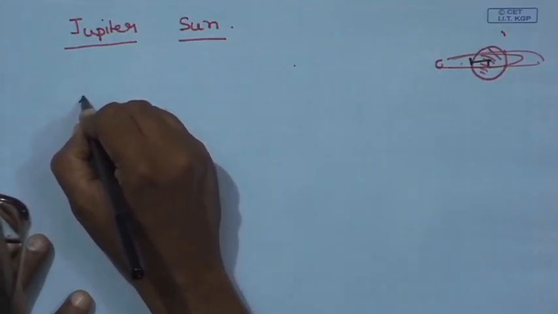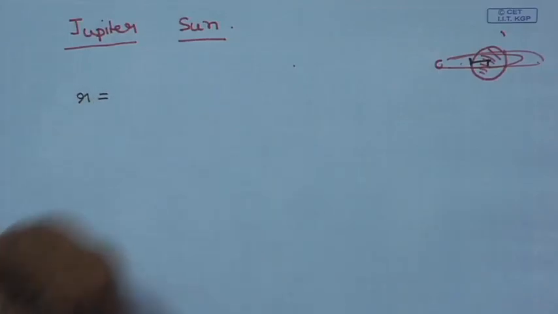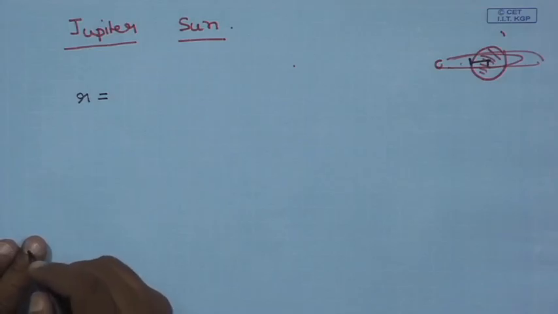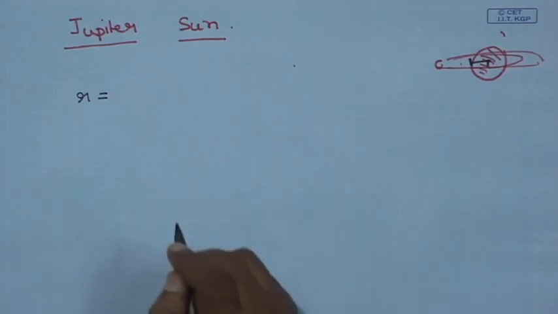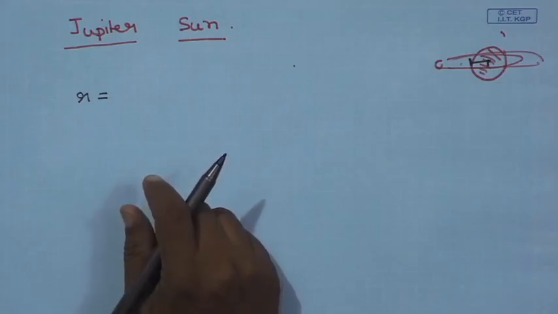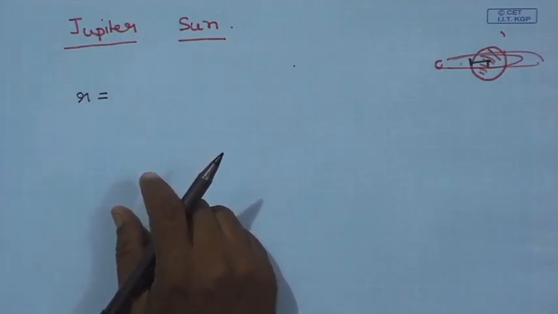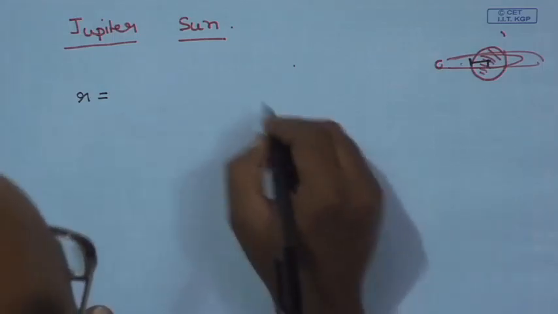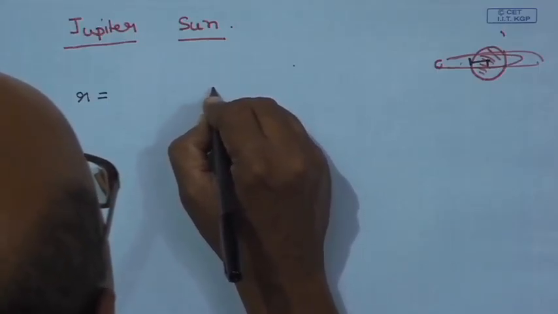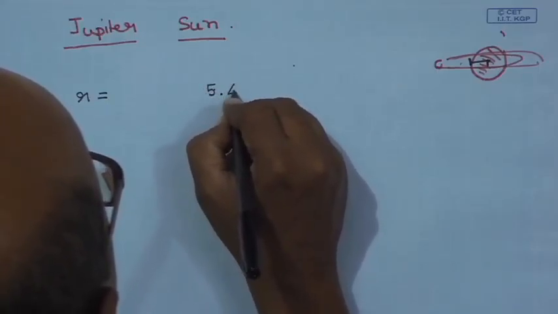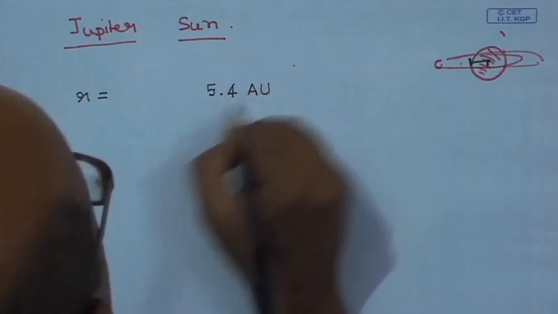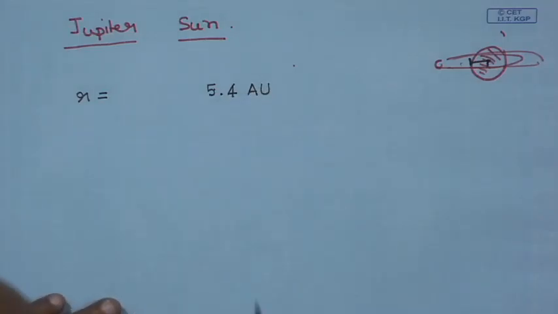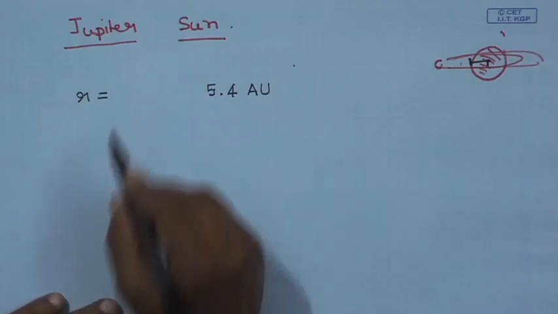Let us call it R. We know that the Sun Jupiter distance is 5.4 astronomical units, and this will get scaled down by the mass of Jupiter.